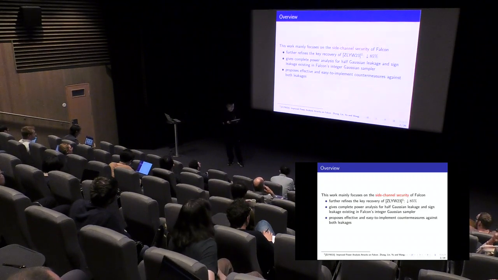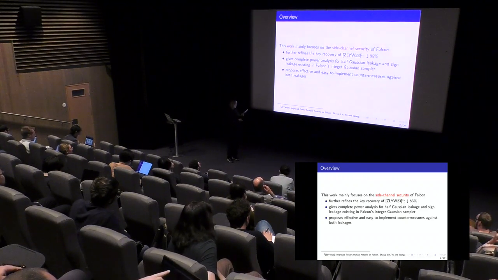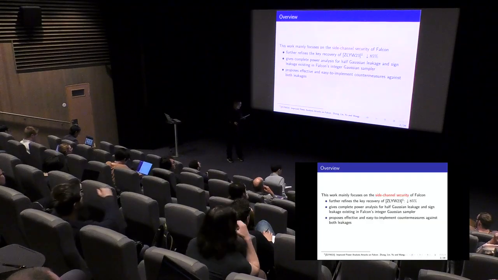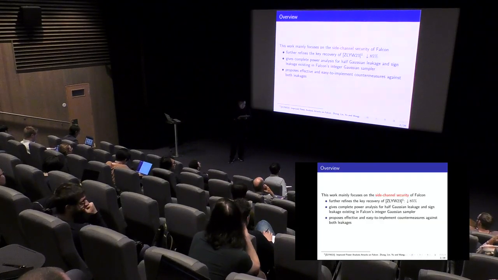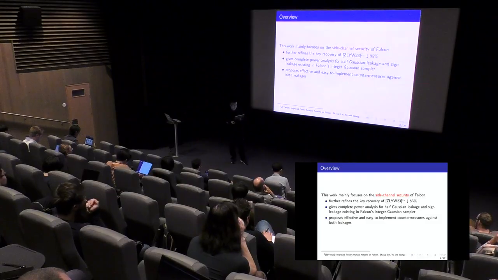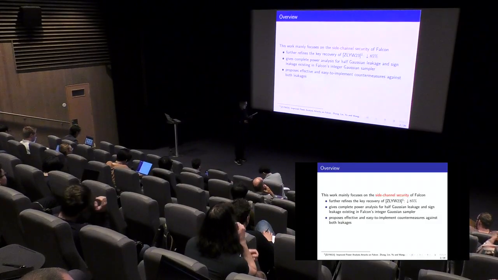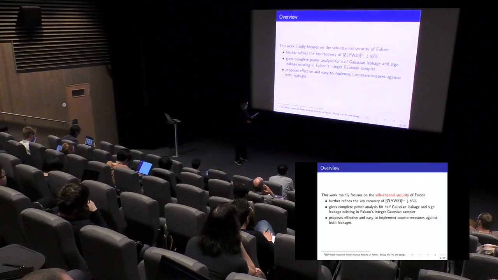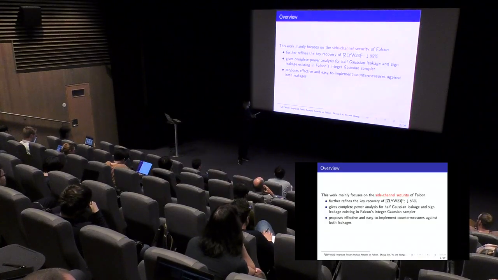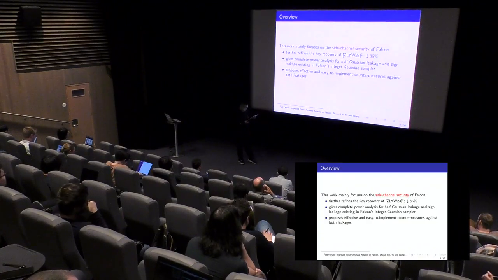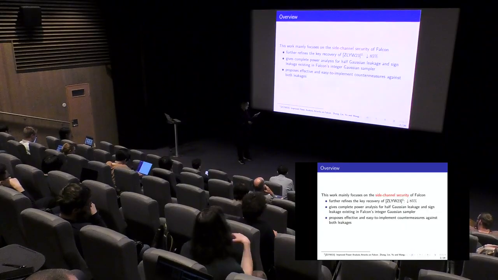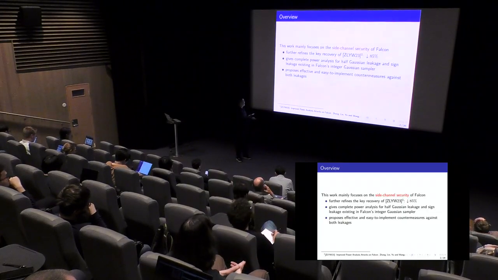The required traces can be reduced by 85%. Furthermore, it gives a complete power analysis for the half-Gaussian leakage and sign leakage existing in Falcon's integral Gaussian sampler, and then proposes effective and easy to implement countermeasures against both leakages.